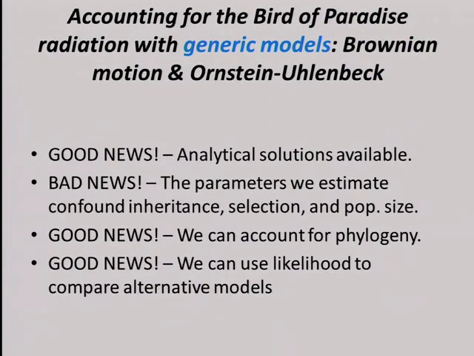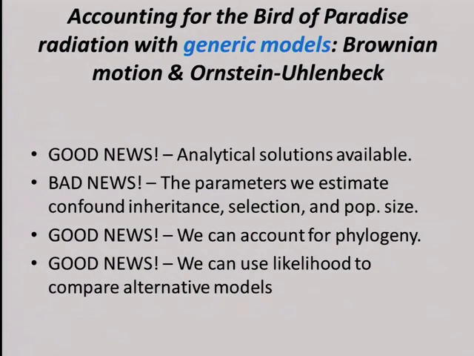Okay, so here's the good news. Analytical solution. Now we're going to try the other approach, and that is, let's look at these generic models for adaptive radiation, stripping away the sexual selection specifics. Two big options out there, Brownian motion and Ornstein-Uhlenbeck, and I'm going to contrast them in a minute. The nice thing about these models is, although they don't address the sexual selection details, they are solvable analytically, so we don't have to simulate. We can just solve straight away.